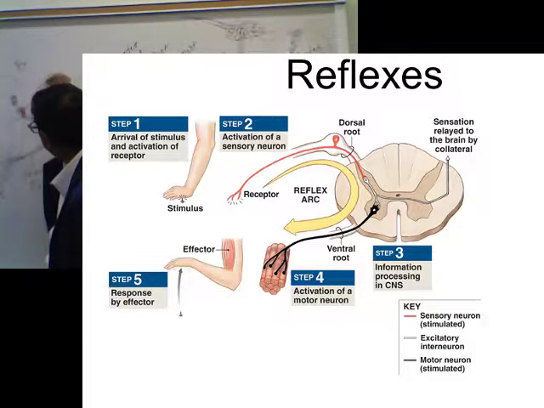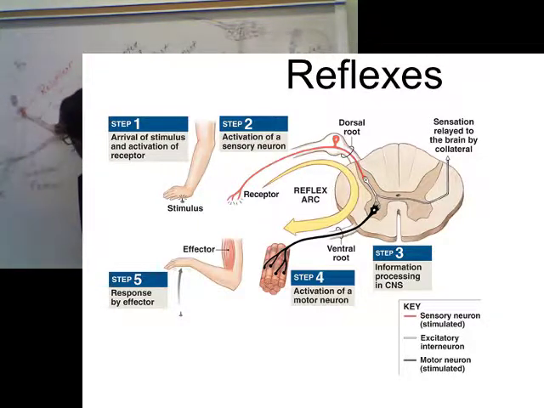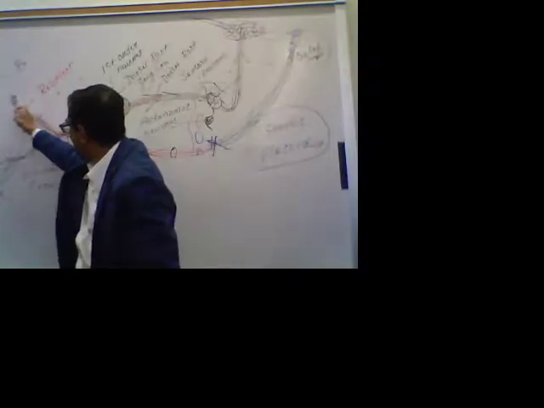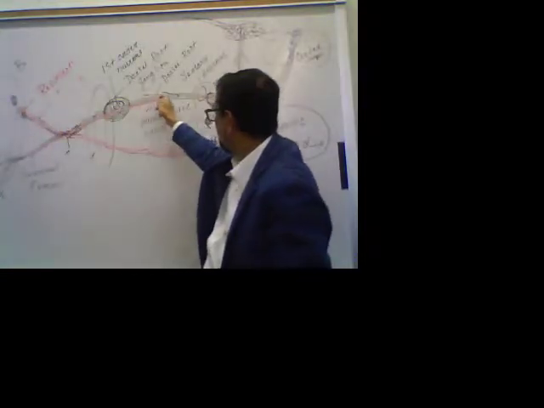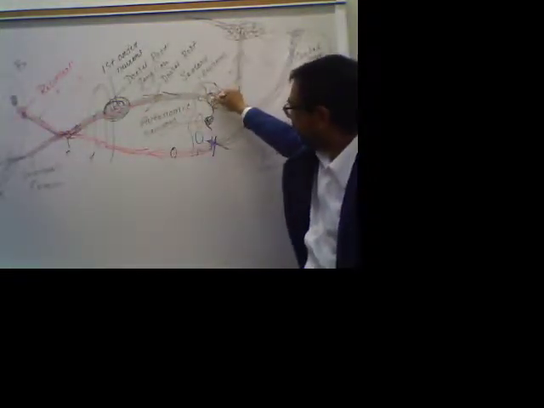So the first component is the receptor. Then receptors send signal along the sensory pathway. So these are sensory nerves. So receptors send signal via the sensory neurons or nerves to the spinal cord.